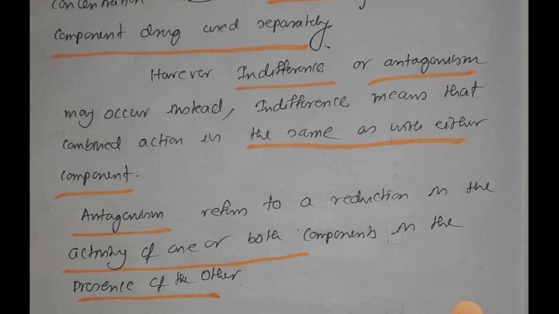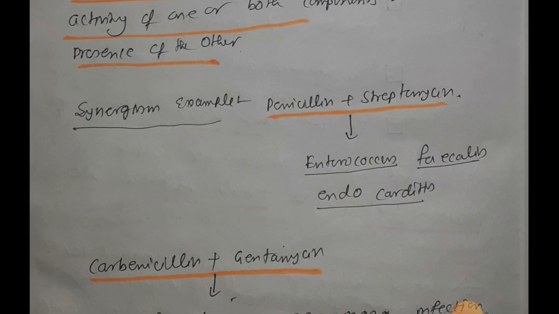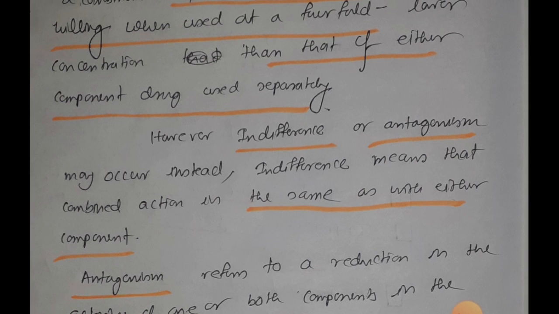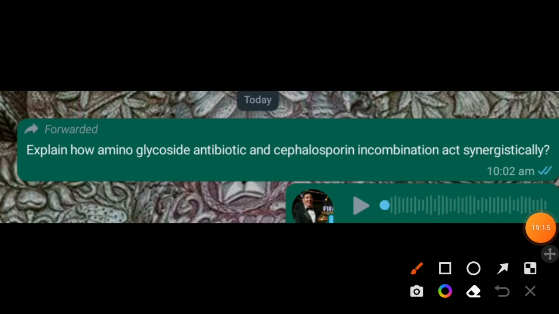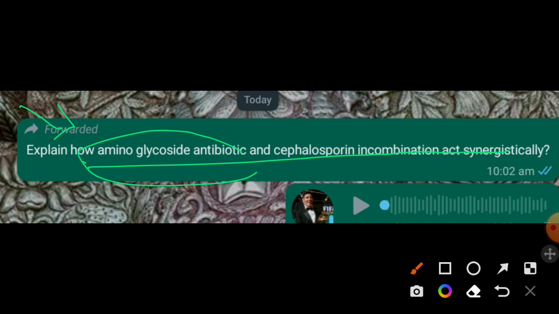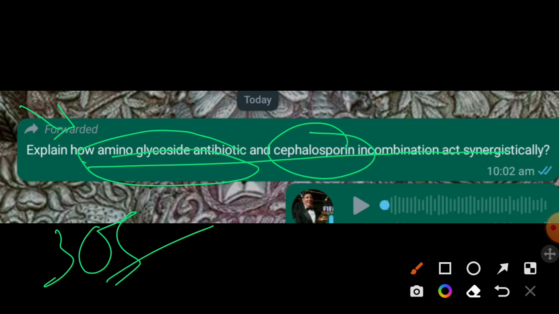Okay, so now we will also do an important question from that topic so that your concept will be more clear. So as you can see, there is a question that asks to explain how aminoglycoside antibiotic and cephalosporin in combination act synergistically. So we have already discussed that aminoglycoside antibiotic is a 30S inhibitor and cephalosporins are cell wall synthesis inhibitors.